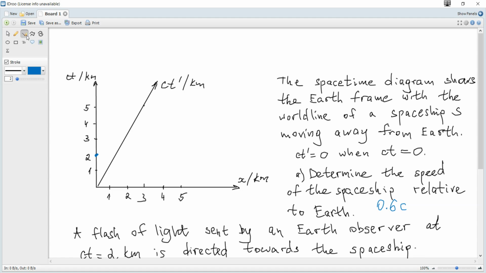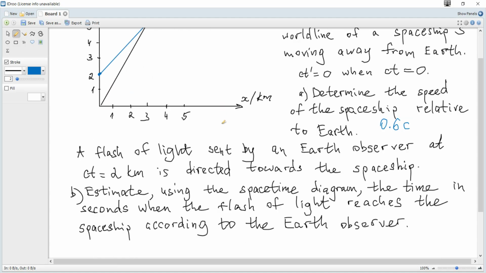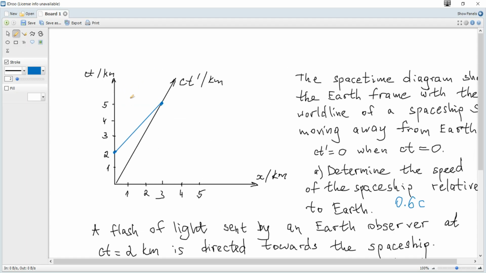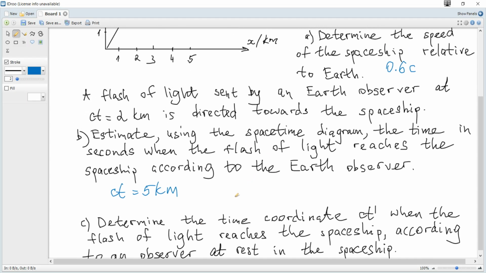So we need just draw a line at 45 degrees, and this point is the event when this flash of light reaches the spaceship, and we need it relative to the Earth observer, so we need this value on the ct axis. It's 5 kilometers, and it's the value of ct, called the time coordinate, measured in kilometers.